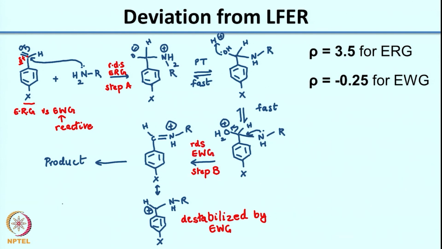Now that you have both of this information, can you figure out why the rho value is different for an electron releasing group and an electron withdrawing group? When you think of an electron releasing group, you only think of step 1. In step 1, the lesser electron releasing the group is, the faster will be the reaction rate.